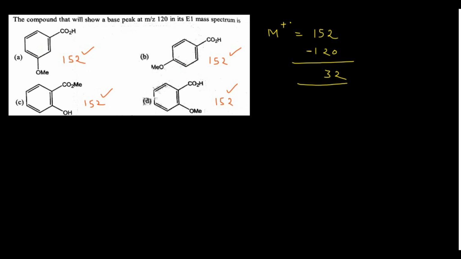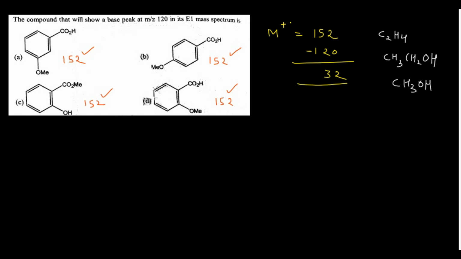If you know which molecular formula this 32 corresponds to, you should have a little idea about the neutral losses in the molecule. Your molecule can lose C2H4, ethylene, and sometimes it may also lose CH2OH, and it may also lose CH3OH. These are the neutral losses which generally occur.